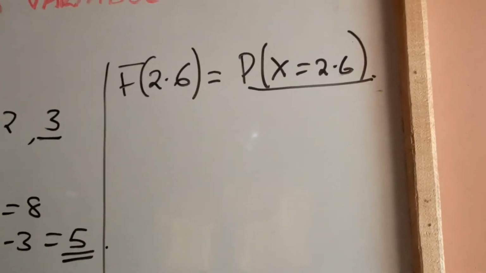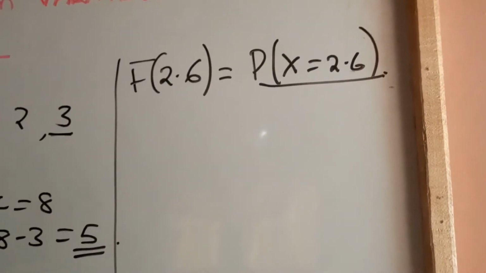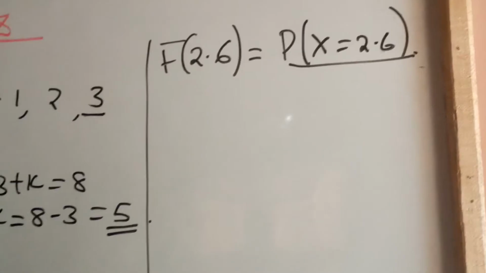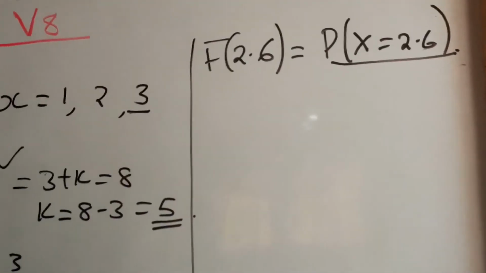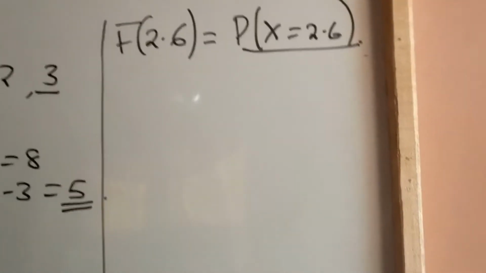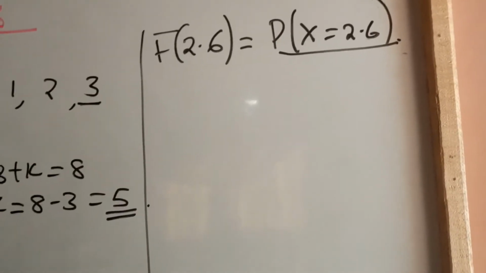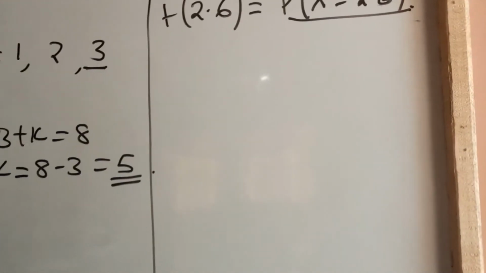At this particular point, we need to be very careful because our data is not continuous data. As you can see, x does not take any values between 2 and 3 because our data is discrete. We have 1, 2, and 3.